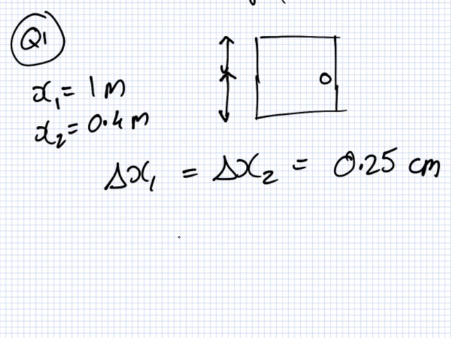I want you to calculate the height of the door and the uncertainty in that measurement of height. So in other words, I want to know x with the plus or the minus. It should only take you 10 seconds. 1.4 plus or minus 0.5.